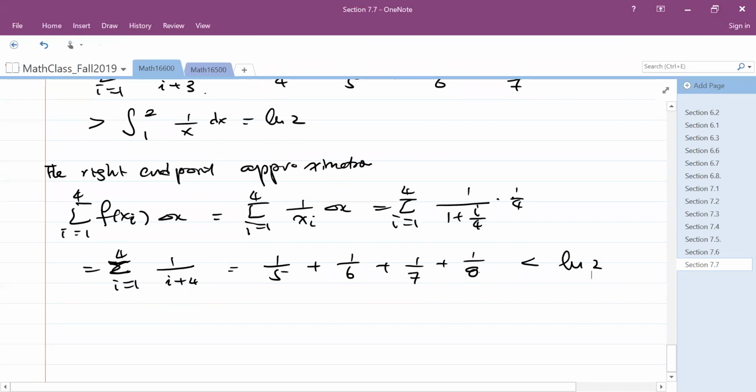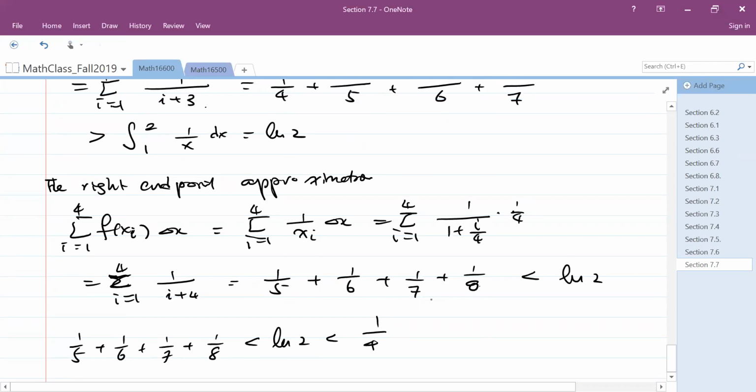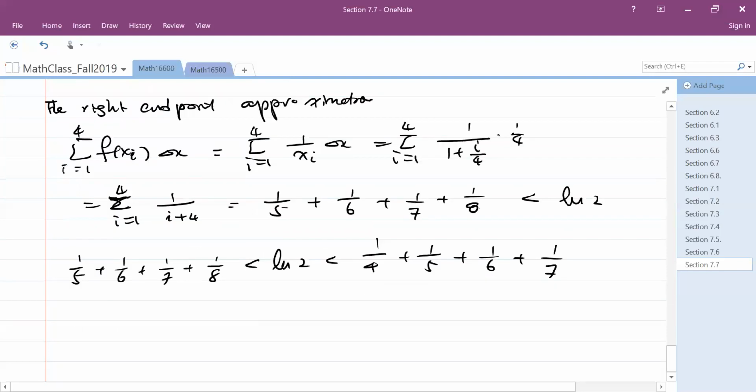Let me rewrite it. 1 over 5, 1 over 6, 1 over 7, plus 1 over 8, is less than natural log of 2, which is less than 1/4 plus 1/5 plus 1/6 plus 1/7. That is an interesting inequality.